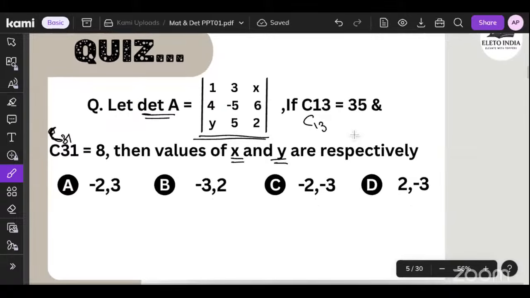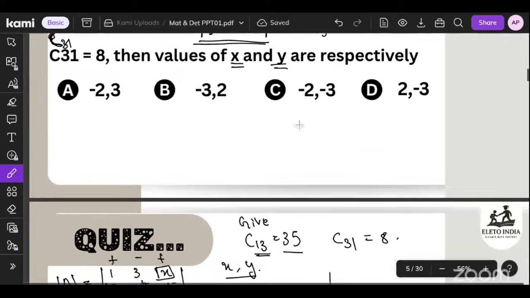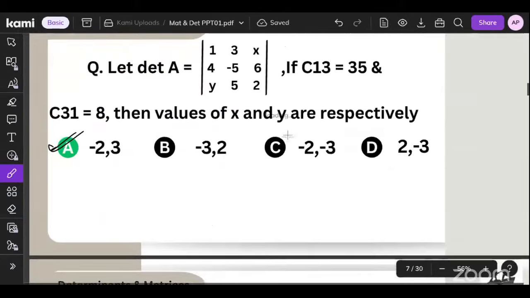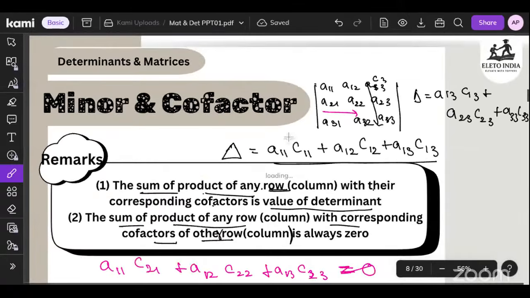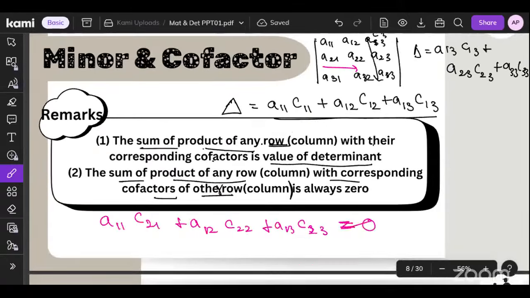We have seen a question where for a given matrix the cofactor values are given and we need to find the elements. And then we have some important points here. Please note these down.